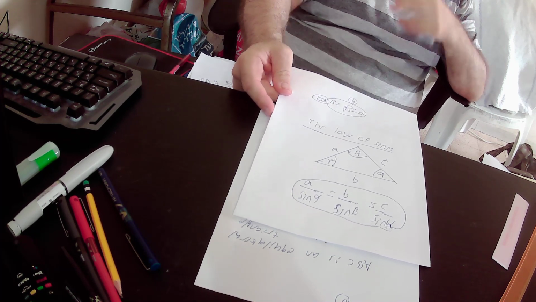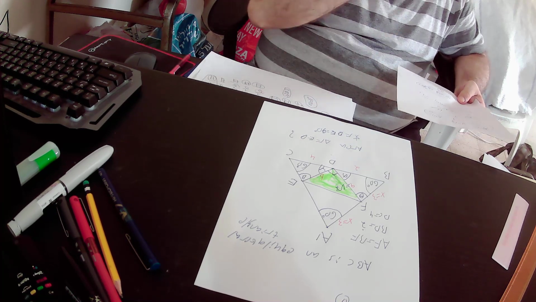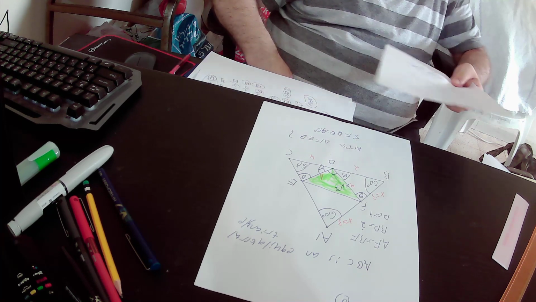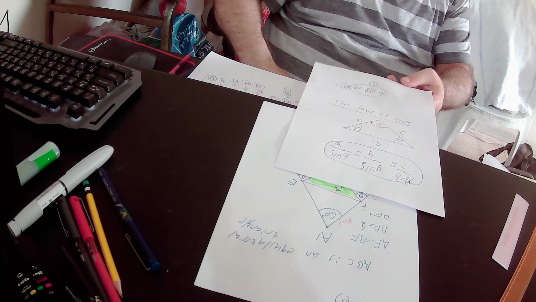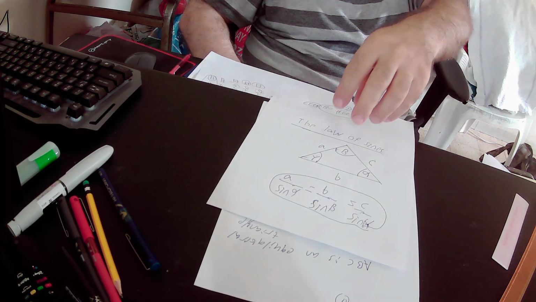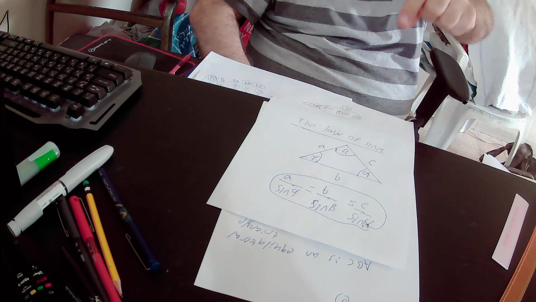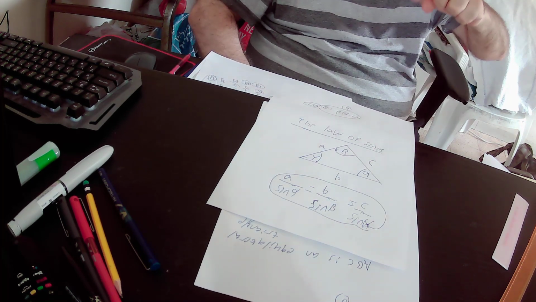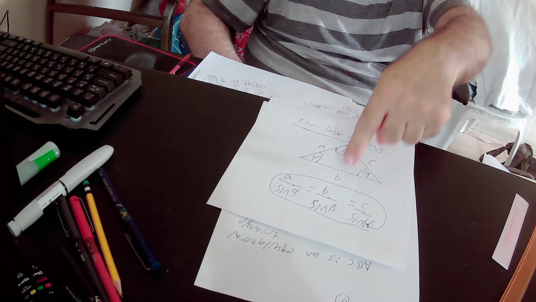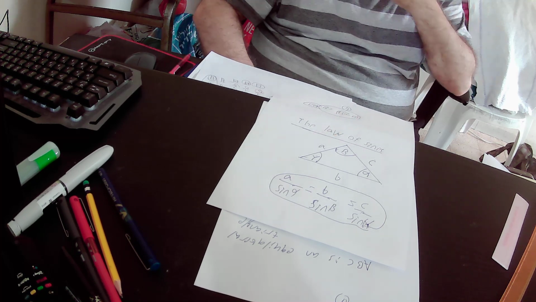Okay, then we implemented the law of sines in triangle BFD. Actually, the law of sines states that the following relationship exists between the sides and the angles of any triangle: A over sine alpha equals B over sine beta equals C over sine gamma.